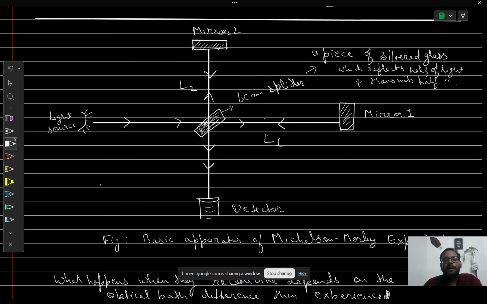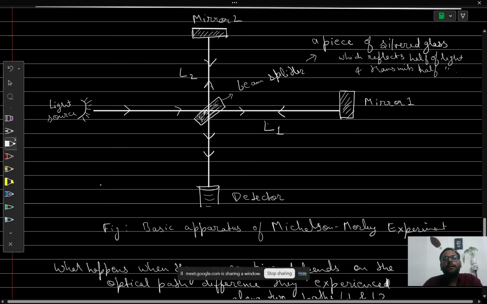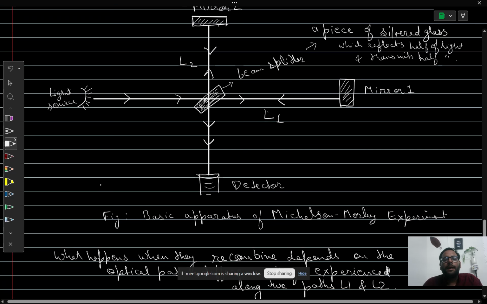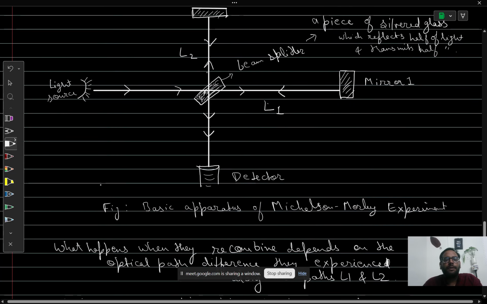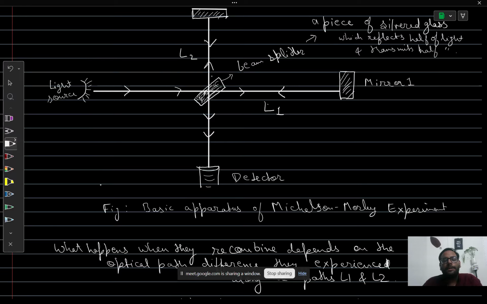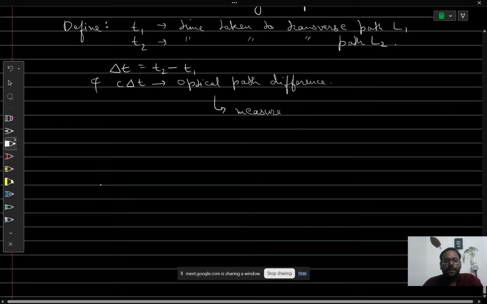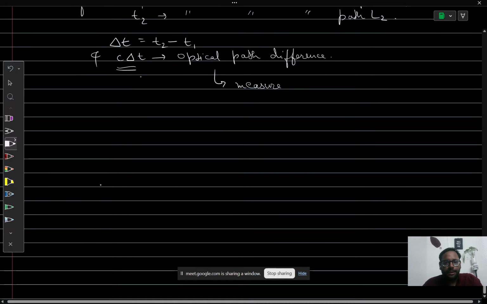This is the path traversed by the light, and the time taken by it will be T1. In the arm L2 the time taken will be T2, and the difference between both will be the optical path difference, because there will be some path difference experienced by the light while traveling these two paths. And we define that path difference by this quantity.